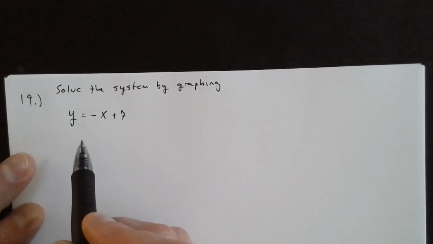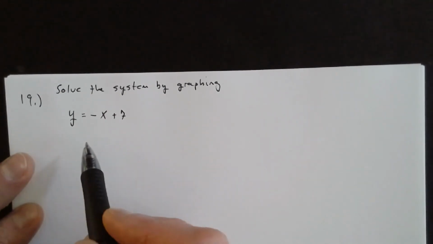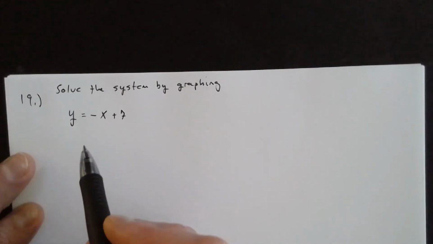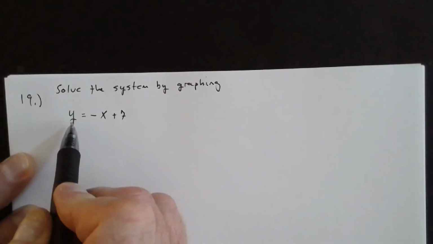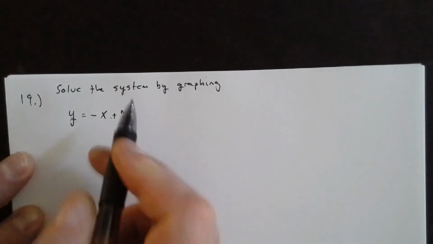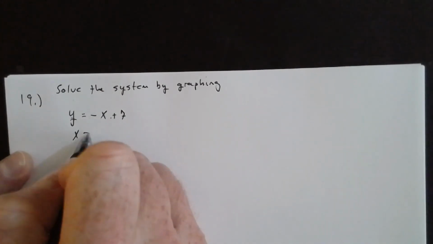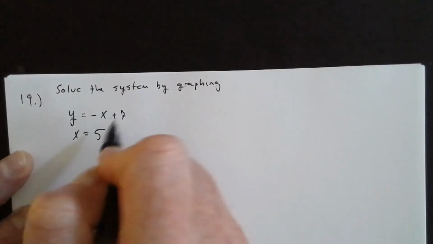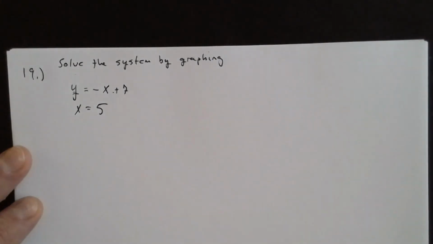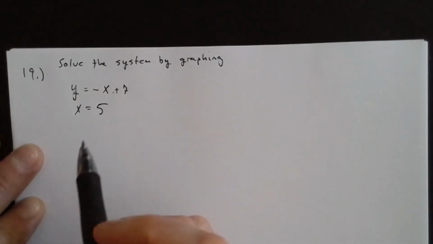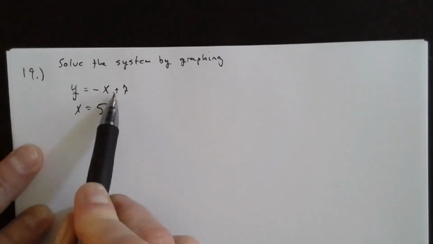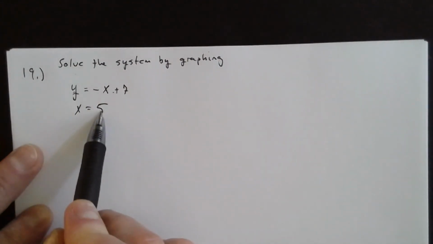Okay, so this is going to be the first equation, and x is equal to 5 is going to be the second equation. So y is negative x plus 7, and x is equal to 5.